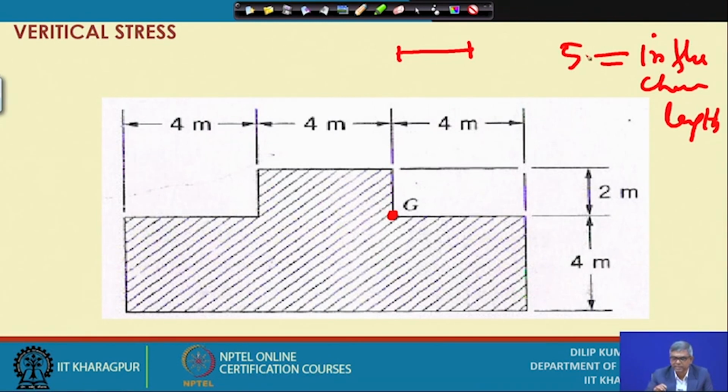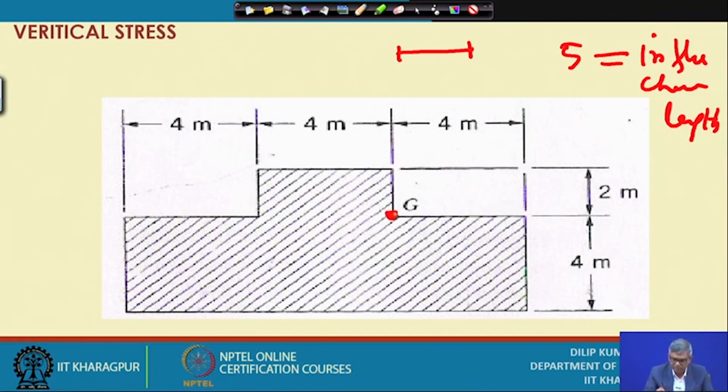So, with that scale I have to redraw this foundation. Of course, all sizes will be reduced, but you will not disturb its orientation and other things, only the similar shape, only it becomes smaller.